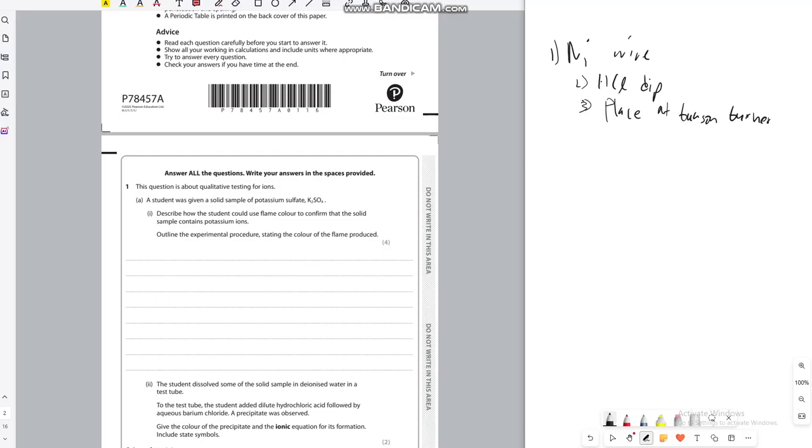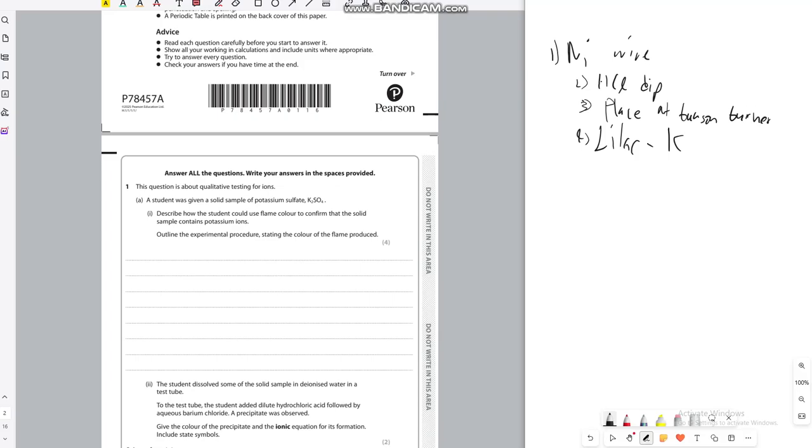So we dip it in hydrochloric again, and then you dip it in the required sample, as they have sent, the potassium sulfate, then place it again at the Bunsen burner. So when you place it at the Bunsen flame, it will give lilac color. Lilac is the color characteristic for the potassium.